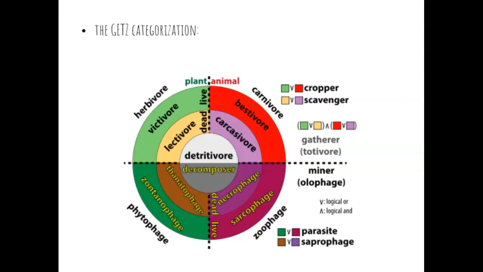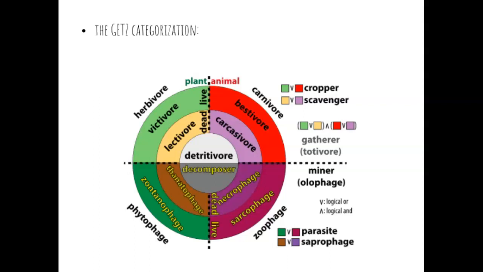A victivore is something that's eating live plants. So it's just a little bit more of a descriptive way of describing that individual. If we look down at that darker shaded part, where it says necrophage, a necrophage is something that eats dead and dying animal mass.